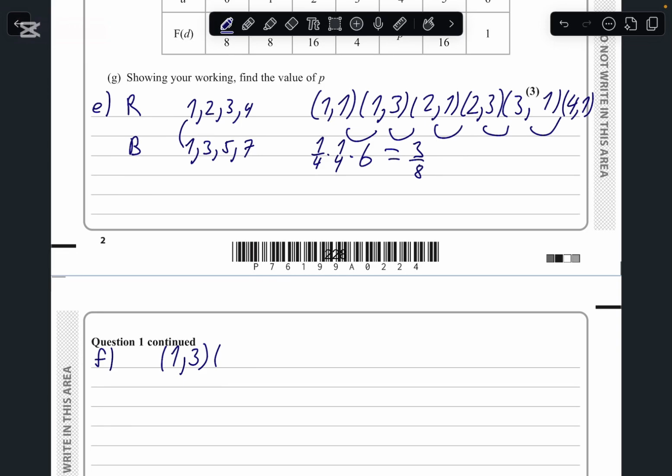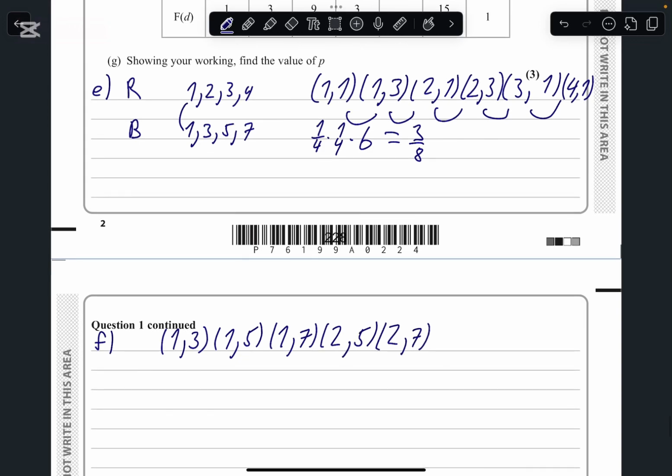When we draw 1 from R and 5 from B, that's valid. And 1 from R and 7 from B. When we get 2 from R, it's valid for 5 and for 7 from B. Again, all probabilities are equal, so we've just got 1/4 times 1/4 and all that times 5 cases, and we get an answer of 5/16.